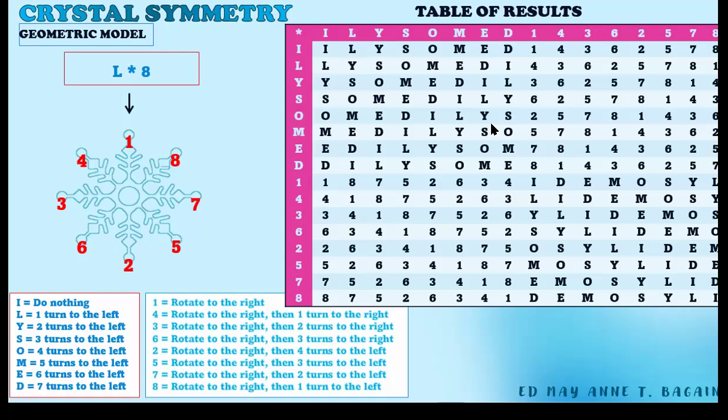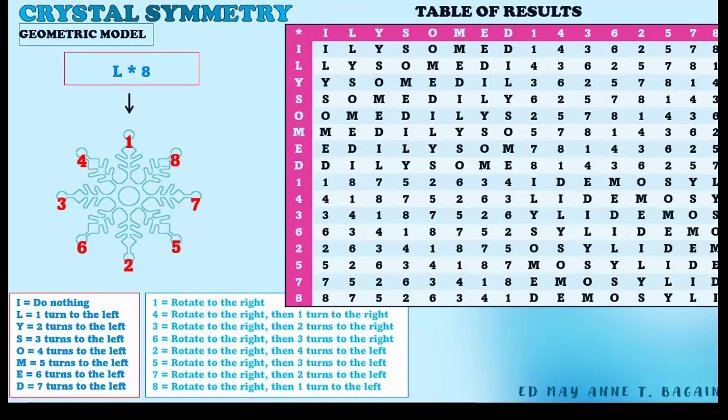So now, looking at the completed table, after doing all of the elements per element, we did L star to everything here, and then we did Y to everything, and then S to everything, and then O to all of these 16 elements, then M to everything. And then we have here the completed table using our 16 symmetries and model.